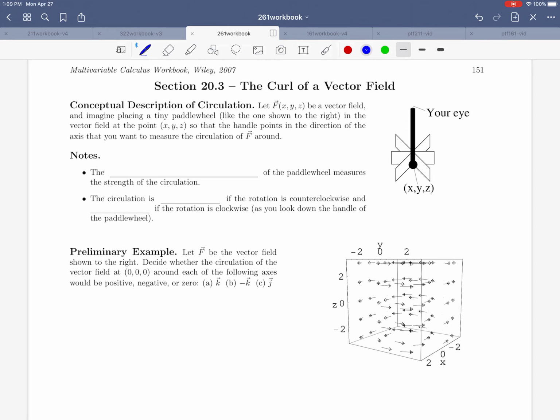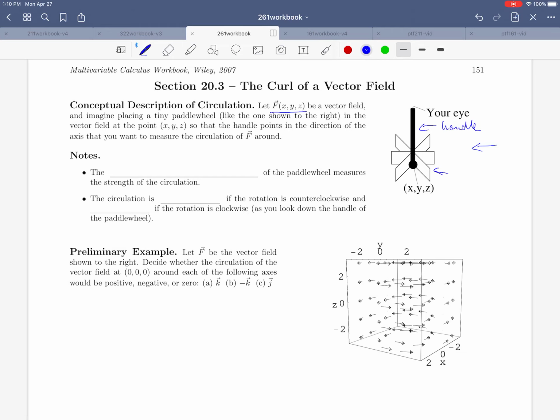And so we are going to look at that example again and define what we mean by the conceptual description of circulation. Okay, so here's the situation. We have F, our vector field, and imagine we have our pedal wheel that is drawn right here, and you can see it has a handle. Right here is our handle, and then it has the pedals over there.